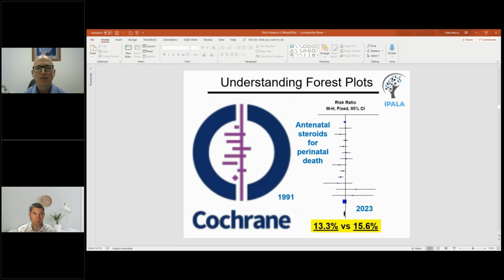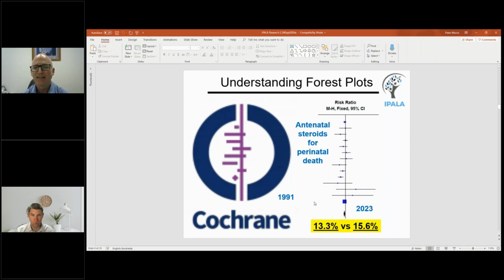And then each of the horizontal lines is one of the trials that was done where pregnant women at risk of premature delivery were given antenatal steroids, and the outcome was perinatal death or neonatal death. And Ian Chalmers wanted to highlight that in 1991, if you'd combined all the evidence, you would have seen that steroids were highly likely to be beneficial, but it was many years later until use of steroids became standard practice.